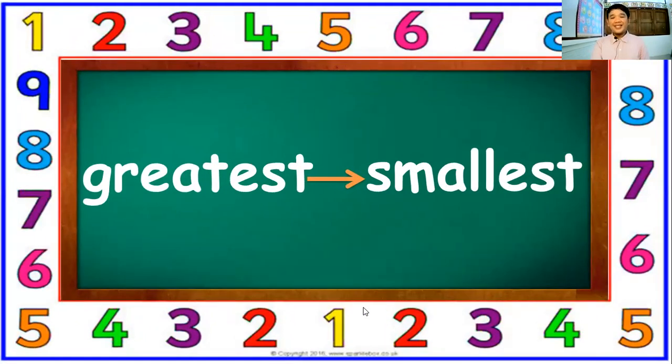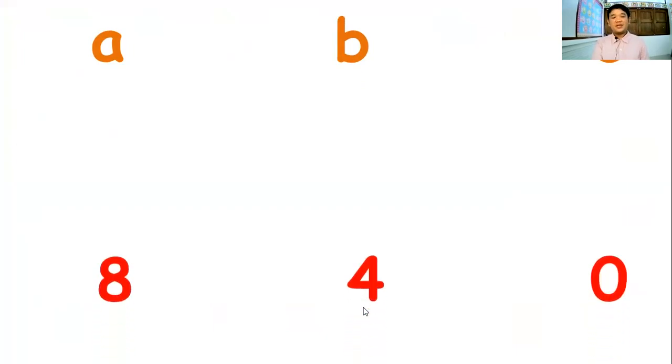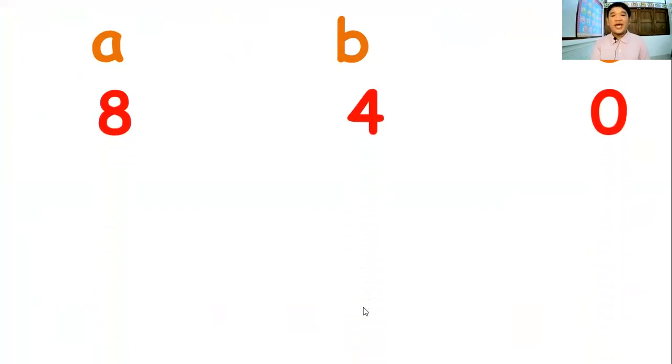Now, greatest to smallest. We have A, B, and C. Letter A, we have 8. Letter B is 4. And letter C is 0. So how are we going to order the numbers from greatest to smallest?